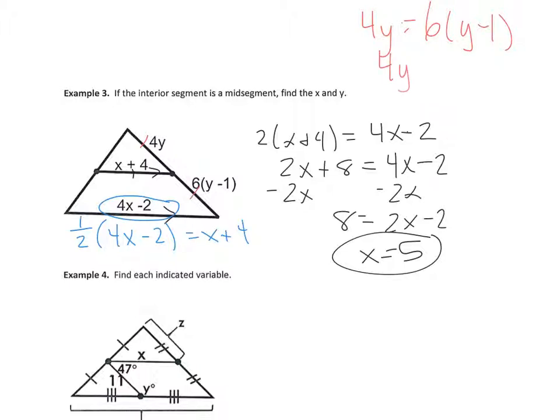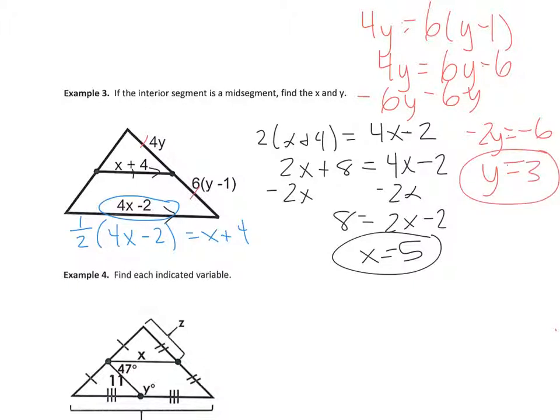So 4y equals 6y minus 6. Subtract 6y from both sides. Negative 2y equals negative 6. y equals 3. So that's how you do that one.